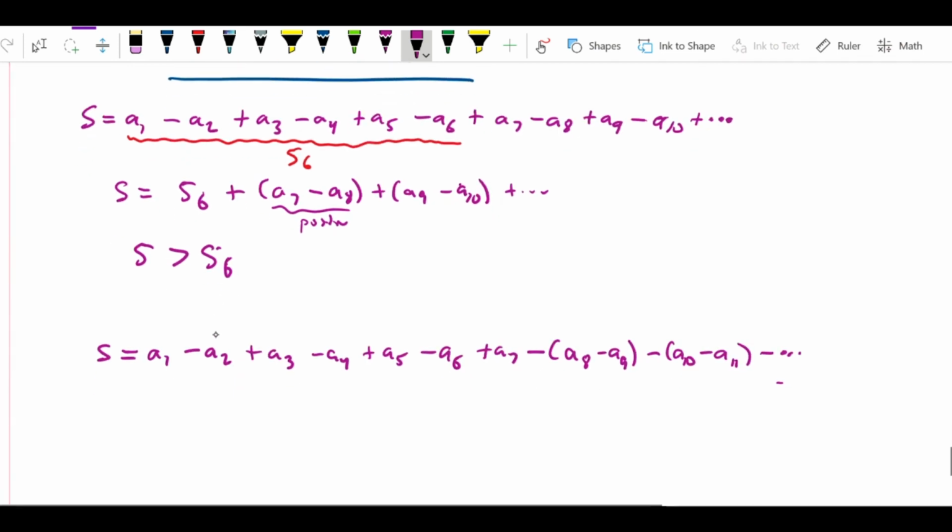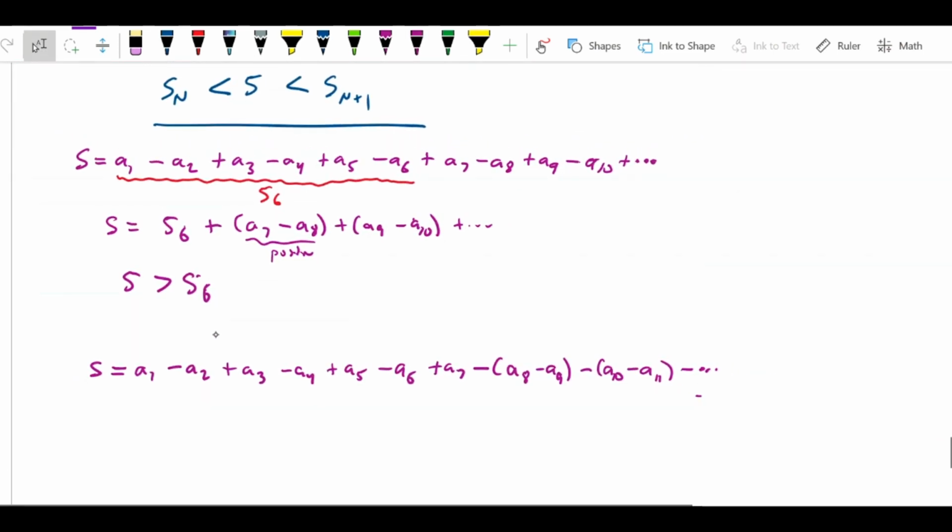Now we can do the mirror image of that if we use S7, in other words, the sum of the first 7 terms. And now I'm taking the remaining terms and grouping them in this way, but I have to distribute the minus sign. All the odd terms are positive in the original series. A9 is positive. You don't see A11 there, but it's going to be positive.